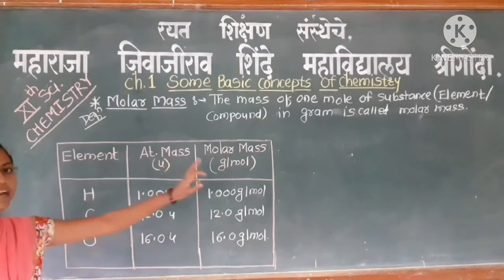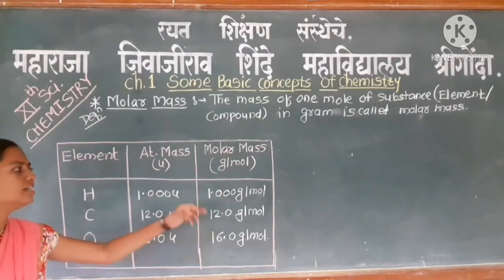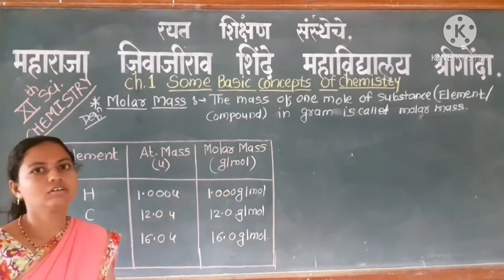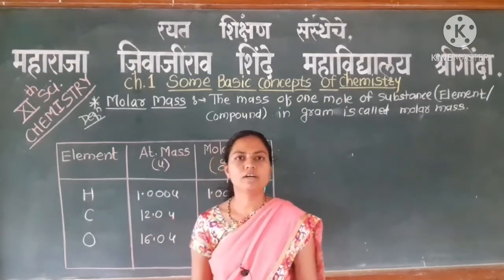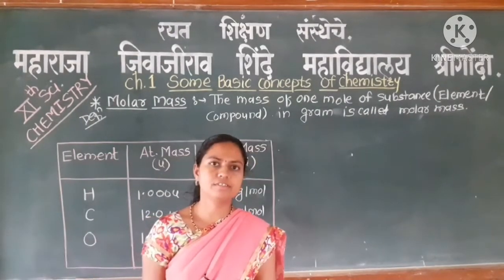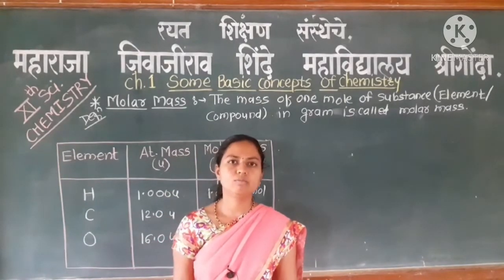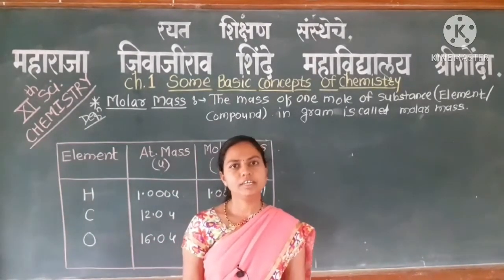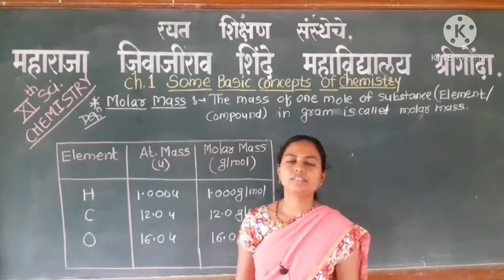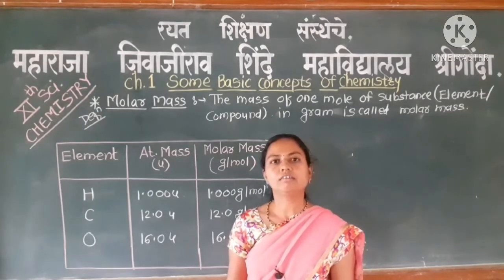The atoms and their molar masses we have taken; similarly, this can be applied for the element. Similarly, the molar mass of any substance existing as a molecule in gram is numerically equal to its mass in unified.